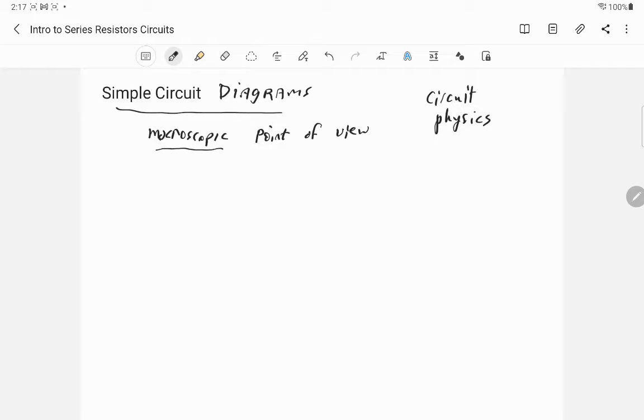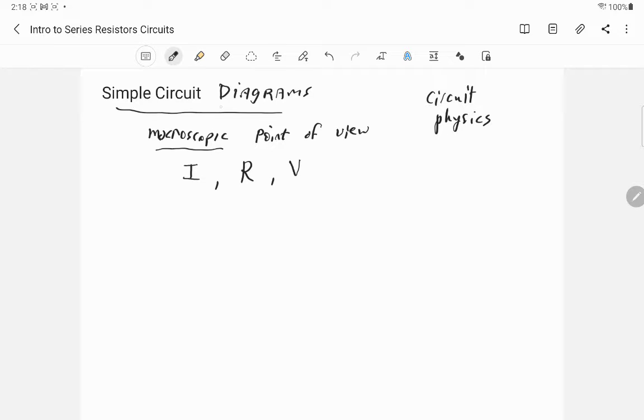We're going to talk about current, but not really the current density, right? So we're going to take this sort of macroscopic point of view. So we're going to study currents, resistances in this particular lecture, and then voltages, right?